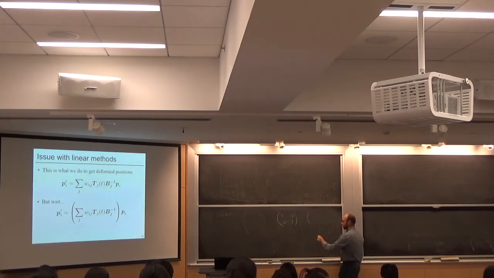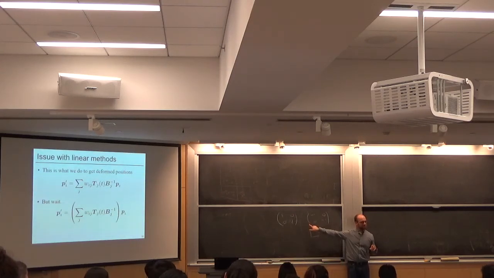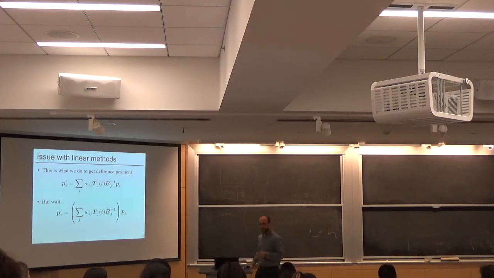So let's work this out. Start with this, and it maps to that. So is the average of two rotation matrices a rotation matrix? No, this is 0. This would take everything and collapse it to the origin. So you have to be awfully careful, and that's one of many ways to understand what goes wrong.